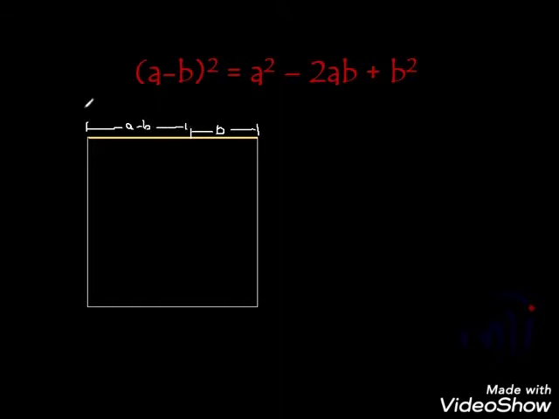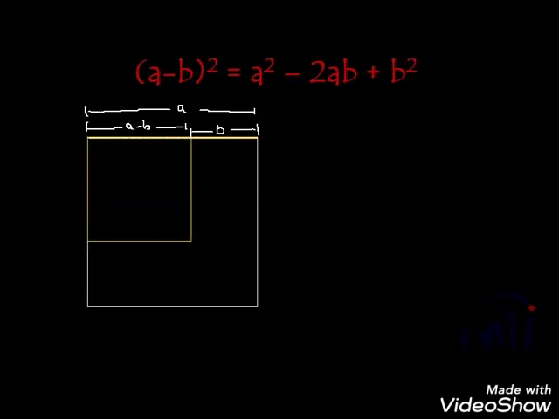And let's not forget this whole length was equal to a, right? Yes. So what we have to find? We have to find a minus b square. So to find the a minus b square, I am going to make a square of length a minus b. So again, I am going to take yellow color and let me make a square of a minus b.